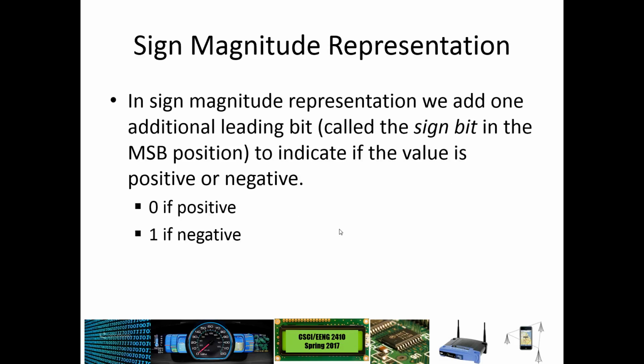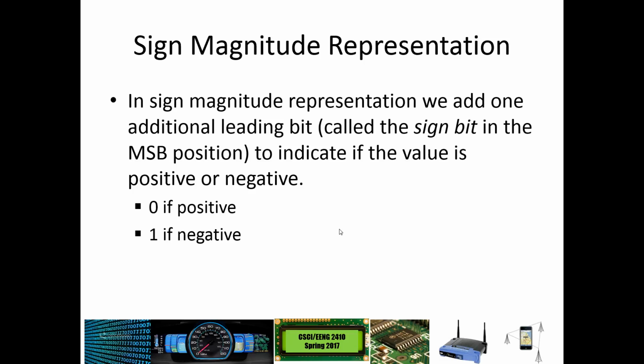You can think about the sign and the magnitude as being like a vector. The sign bit tells you which direction you're going in, whether towards the positive end or towards the negative end, and the magnitude tells you what value you're going. So you might have 8 as the magnitude, and that could be either positive 8 or negative 8, and your sign bit represents that.